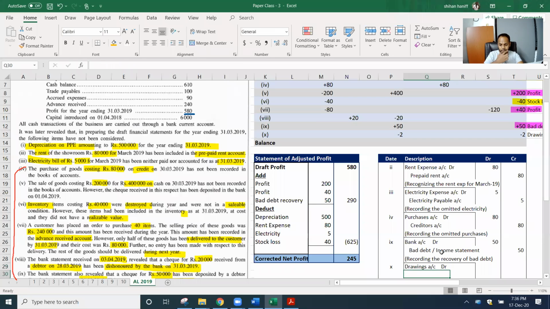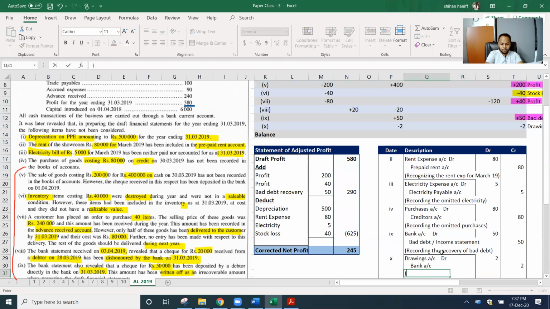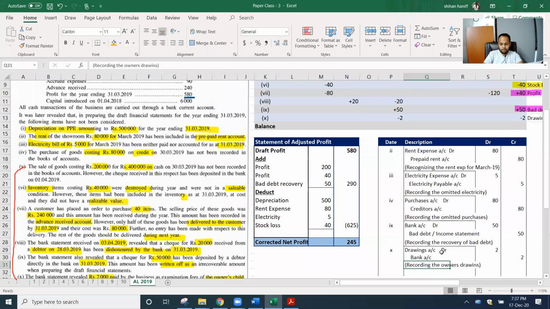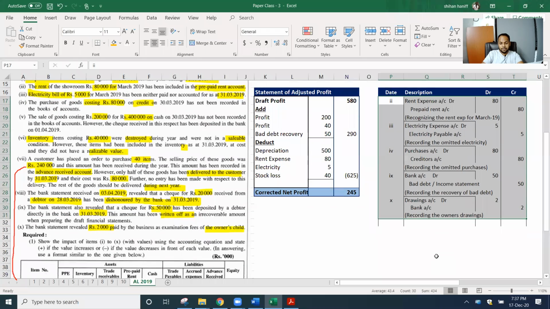Drawings account debit, bank account, the cash control account with 2000. According to the owner's drawings. So these are the journal entries for the transactions.